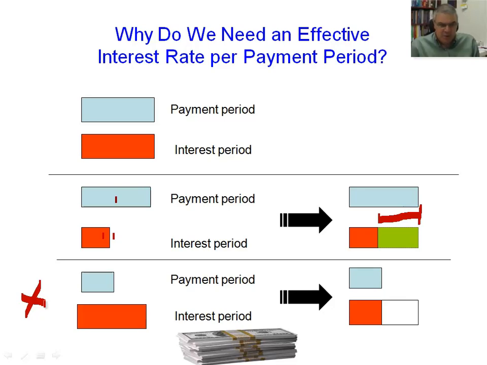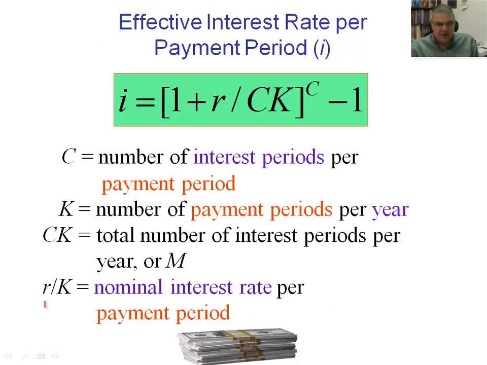What if one is longer than the other and vice versa? And that's why we need an effective interest rate to be able to accommodate for those scenarios. So again, the effective interest rate formula that you've seen, we need to modify a little bit to come up with the effective interest rate per payment period.